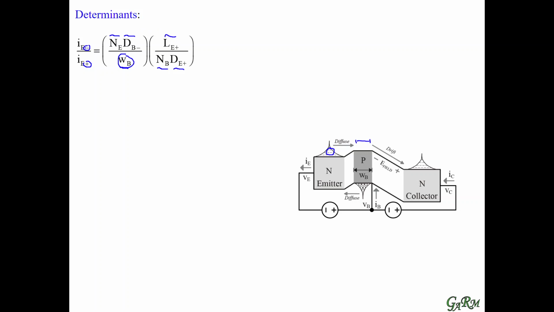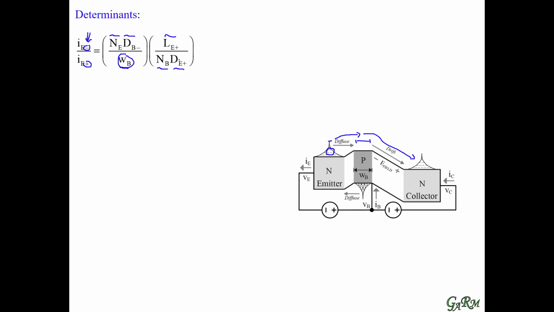So overall, the ratio of these two currents, and remember, we prefer electron current because the electron current is the one that goes from end to end, from the emitter into the base and all the way to the collector.